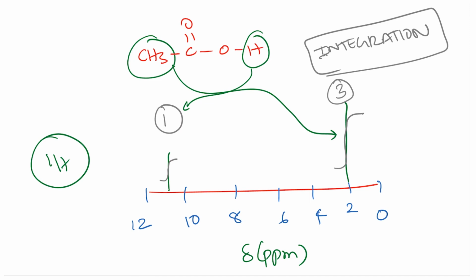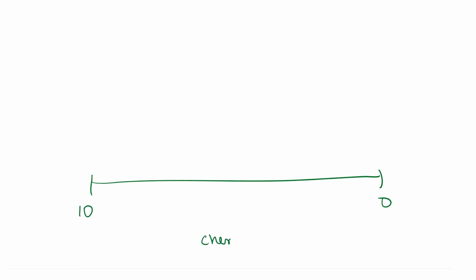But now, let us spend a little bit of time to understand what the various regions of a proton NMR spectrum look like. The important thing for us to understand is that when I draw a scale like this, 0 to 10, again this is chemical shift, denoted by ppm.